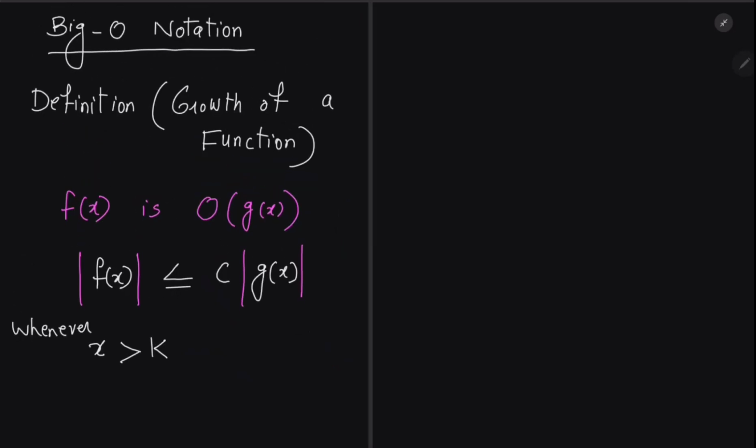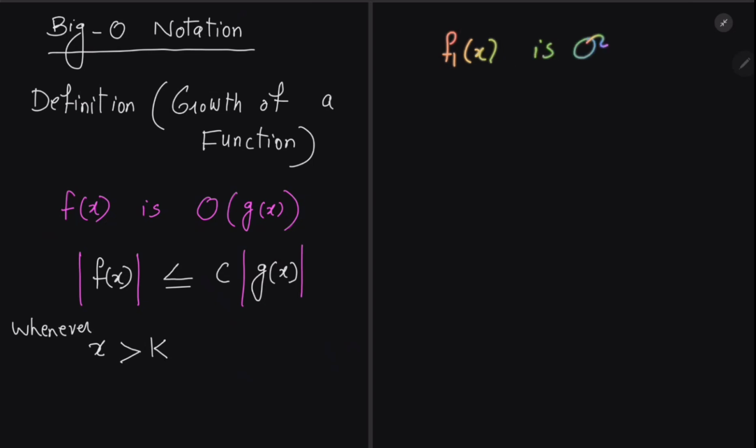So big O notation says that if f of x is order of g of x, it means that this function is either equal to g of x or it is smaller than g of x. Okay, let me just do some practice.